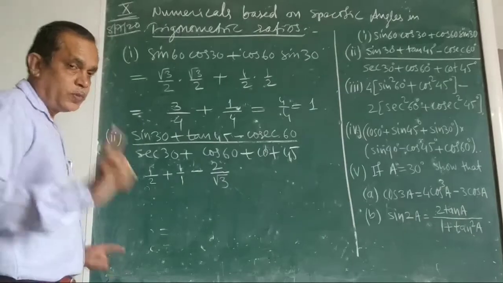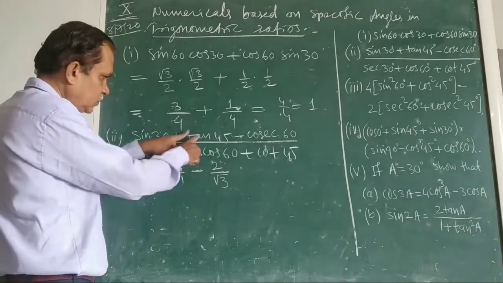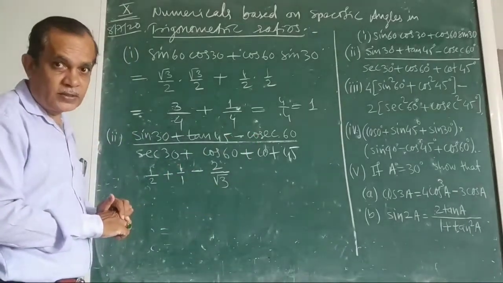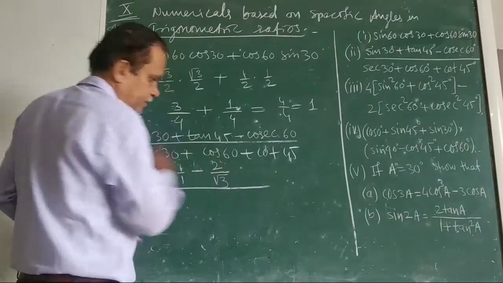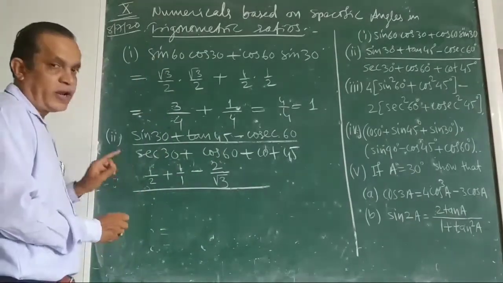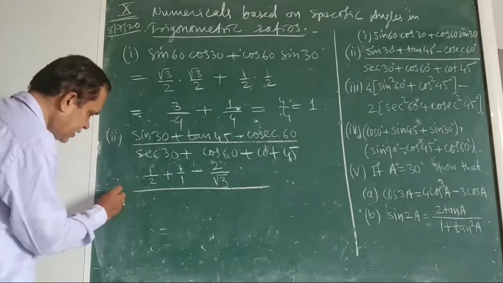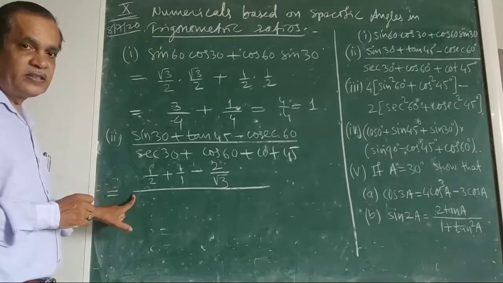First I have put the values with complete precaution. This is our learning. Now I will draw this line so that I get space to write. After drawing this line, I write the equal to sign against this line.